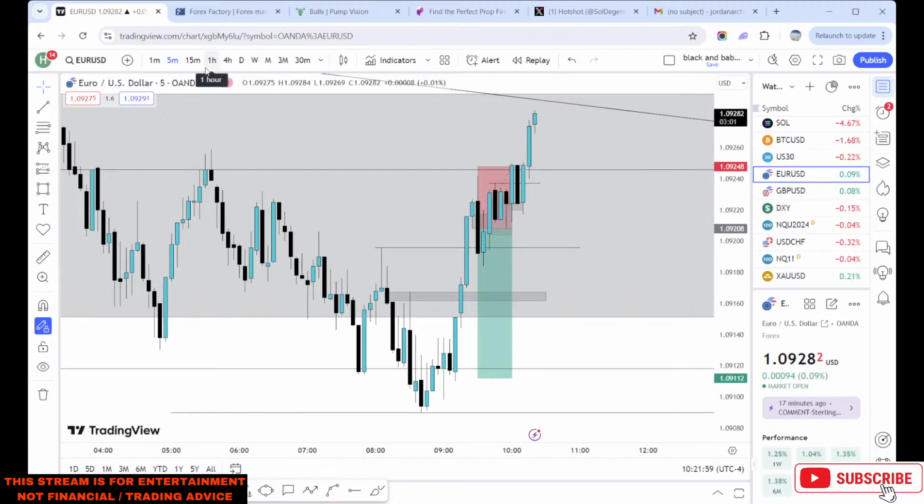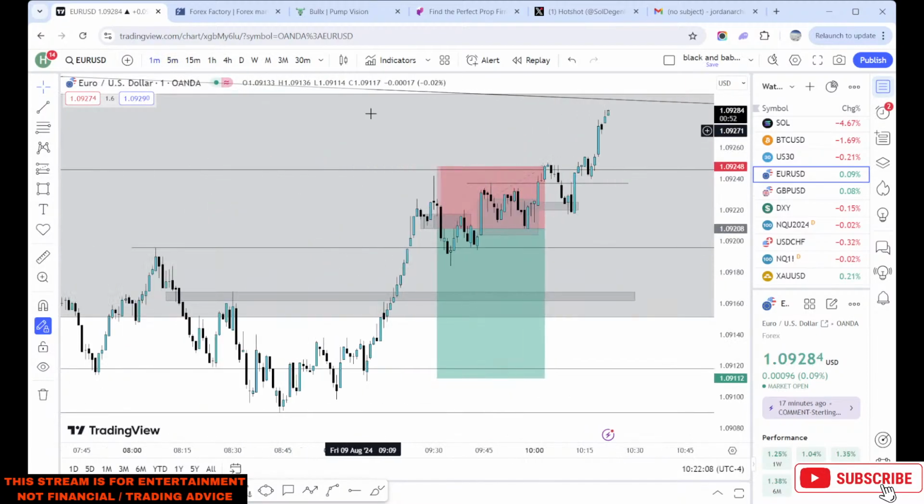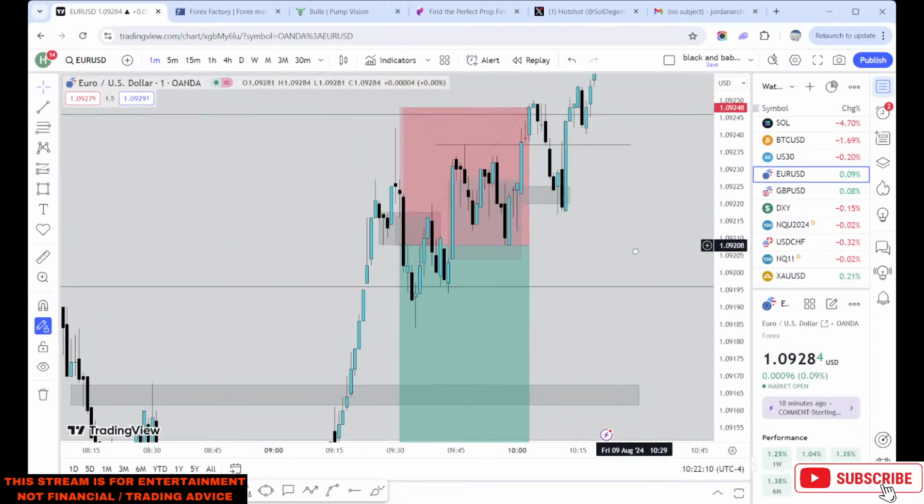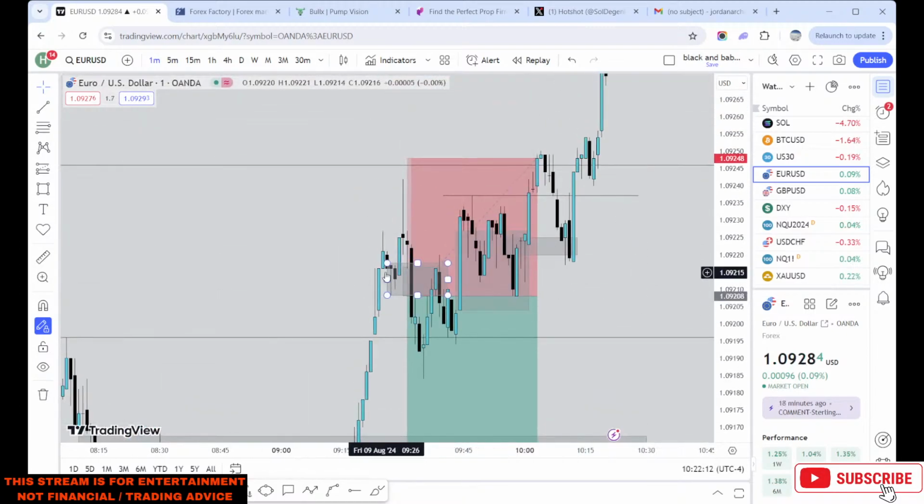Just drop a time frame below, right? After it took out that external range liquidity for the turtle soup, that's when I was looking on the 1 minute for the market structure shift. And look, we did have it. It was valid. This is a turning point, pushed up, took out the high, broke below it. That's a breaker market structure shift, bro.